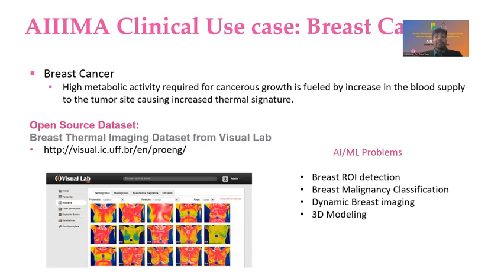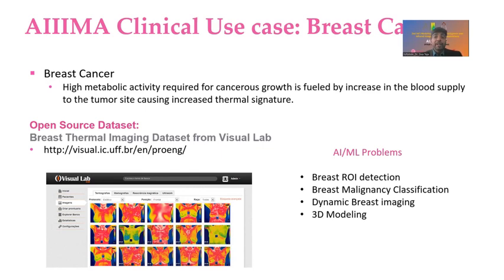The high metabolic activity required for cancerous growth is fueled by an increase in blood supply, which increases the heat pattern of the tumor region as well as the surrounding region. The latest infrared thermal cameras can capture minute temperature variations up to 0.05 degrees centigrade. With the help of AIIMA, that is the use of AI over infrared images, we can differentiate whether it is a normal or a malignant heat pattern.